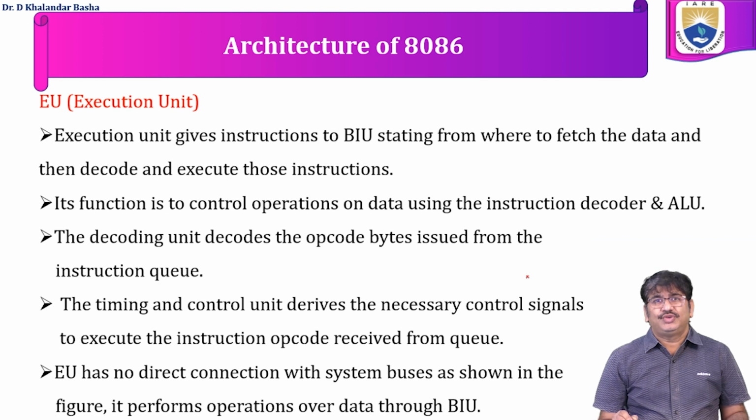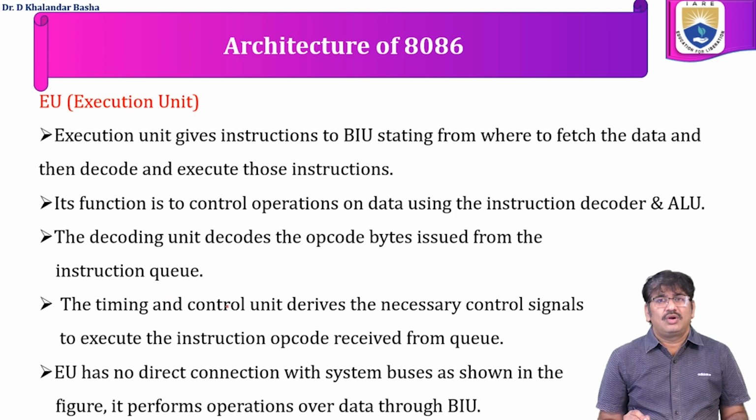The next one is the execution unit. The execution unit gives instructions to the bus interface unit about where to fetch the data, and then decodes and executes those instructions. Its function is to control operations on data using the instruction decoder and ALU. The decoding unit decodes the opcode bytes issued from the instruction queue.